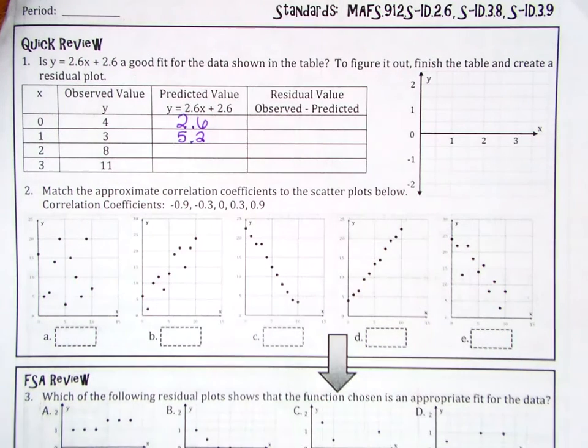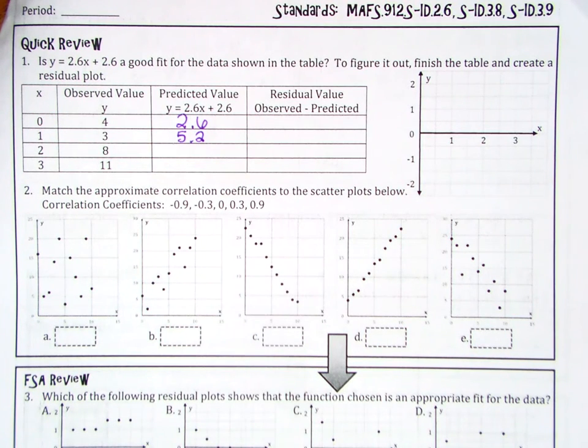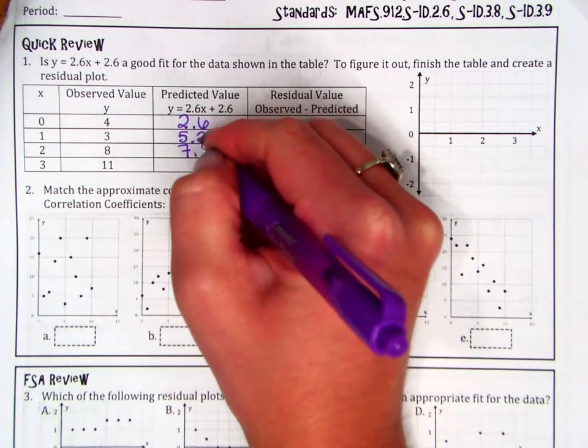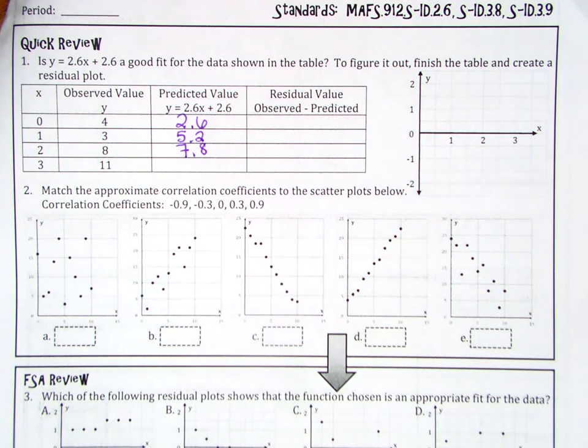So then I've got 2.6 times 2, which is 5.2. And then you add 2.6 to get 7.8. And last but not least, 2.6 times 3 is 7.8.